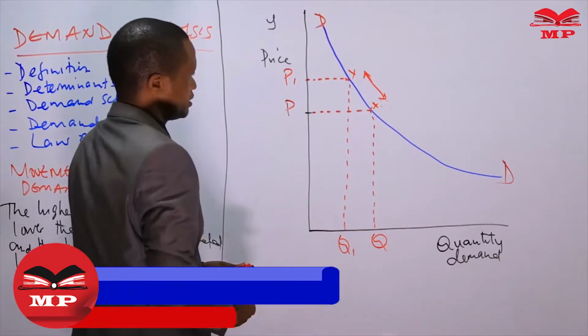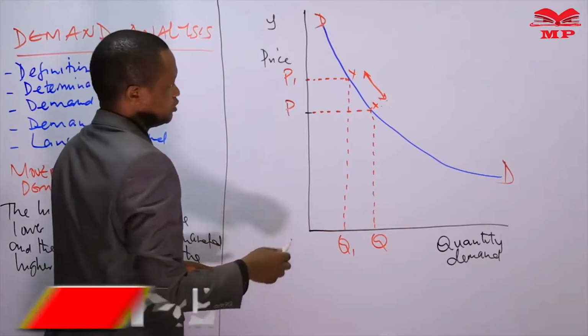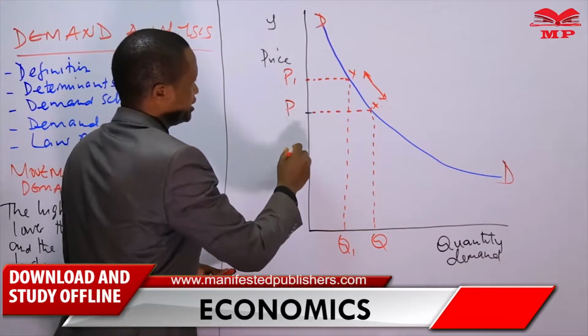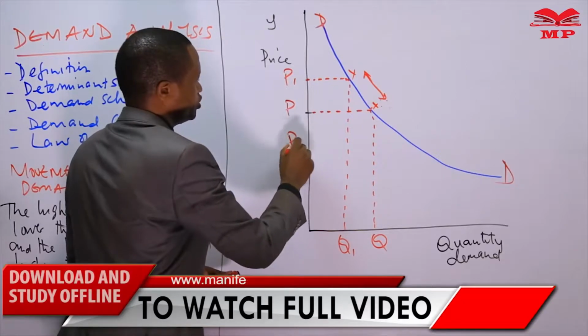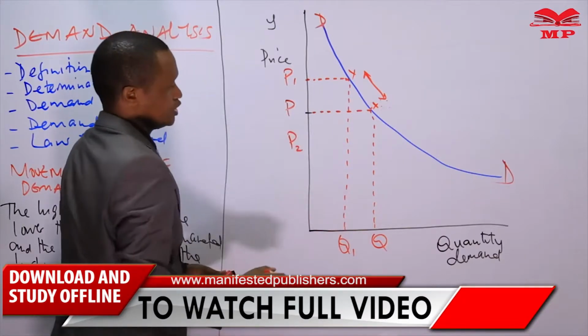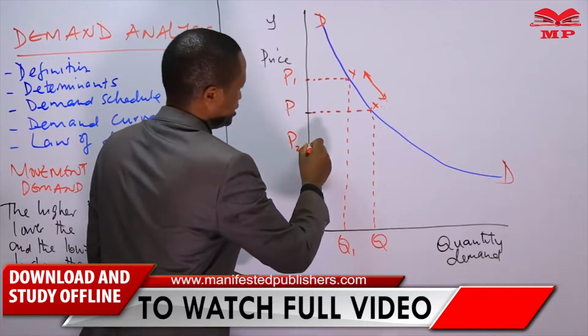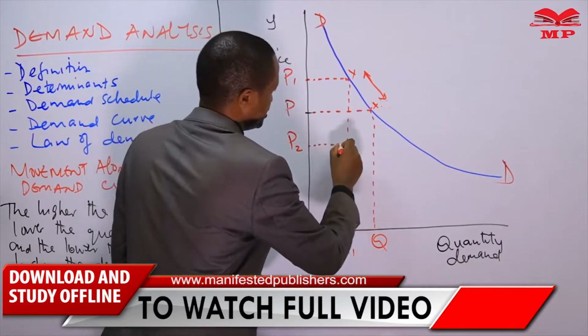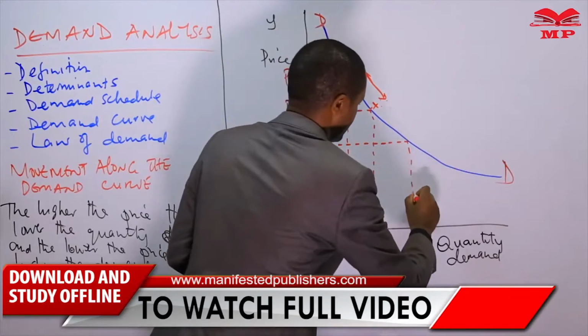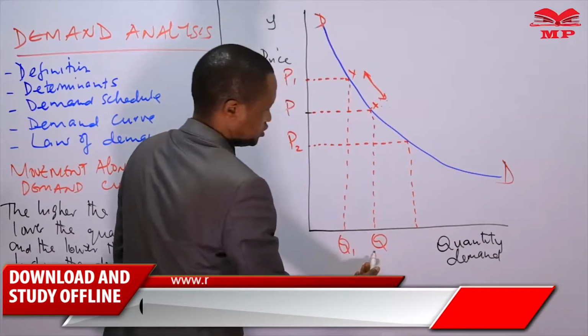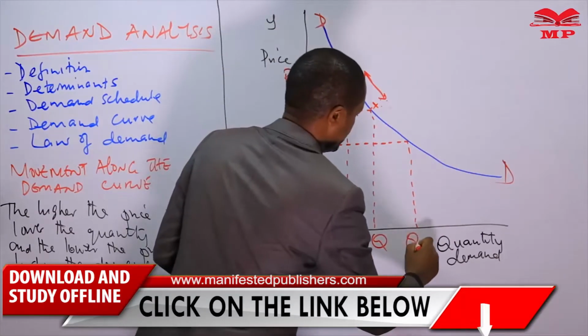There may also be, assuming there is a decrease in price from P to P2, another movement, from Q to Q2.